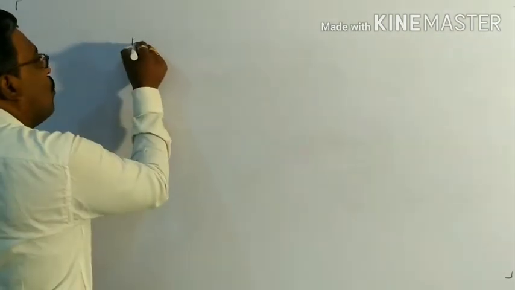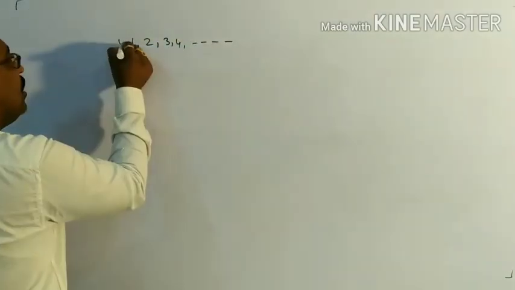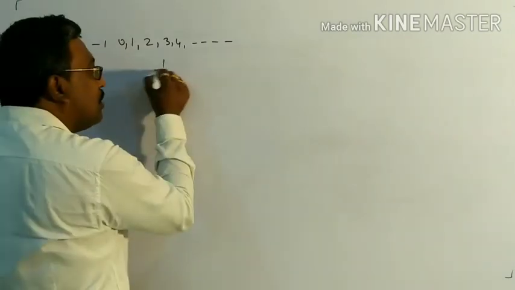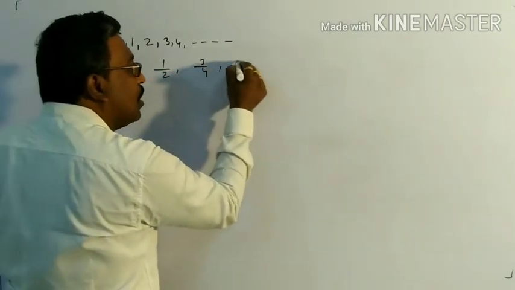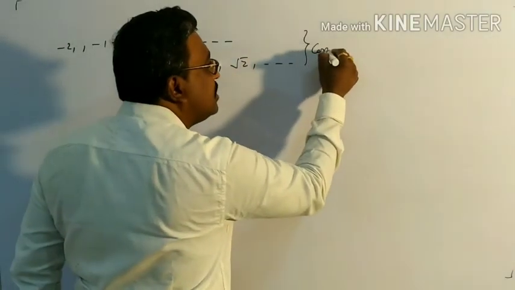Linear equation in one variable. What are variables? Okay, 1, 2, 3, 4, and so on, or 0, or -1, -2, and so on, or 1 by 2, 3 by 4, √2, and so on. These are all called constants.